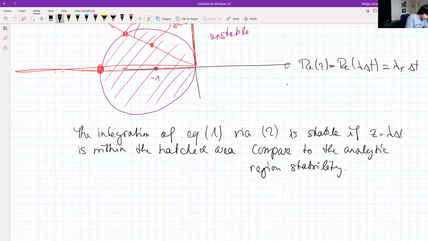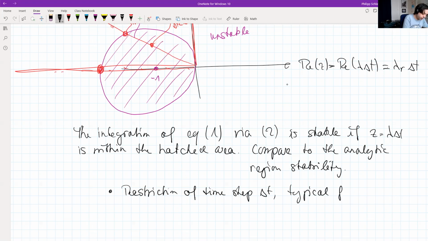So what we can write here is that we have a clear restriction of the time step in exactly the way that I just explained, and this is actually very typical for explicit methods.